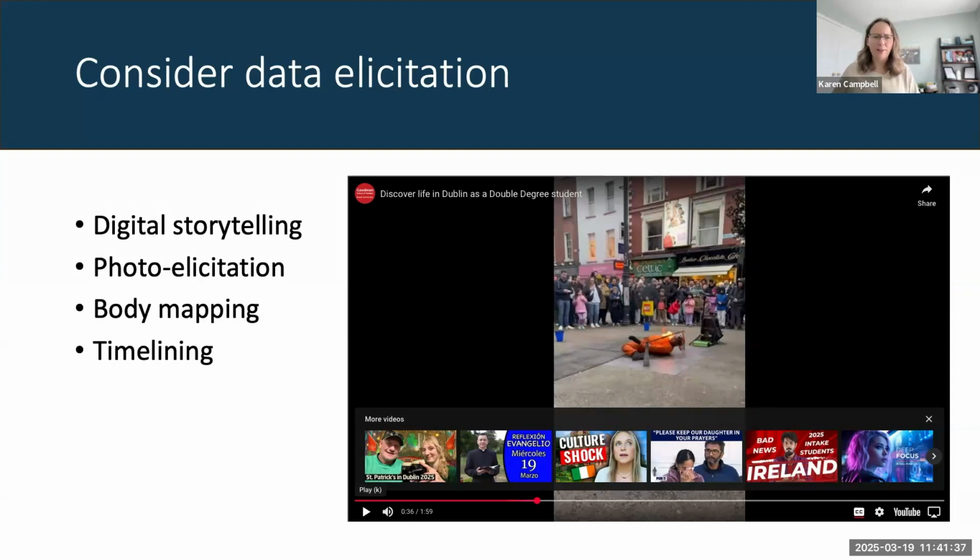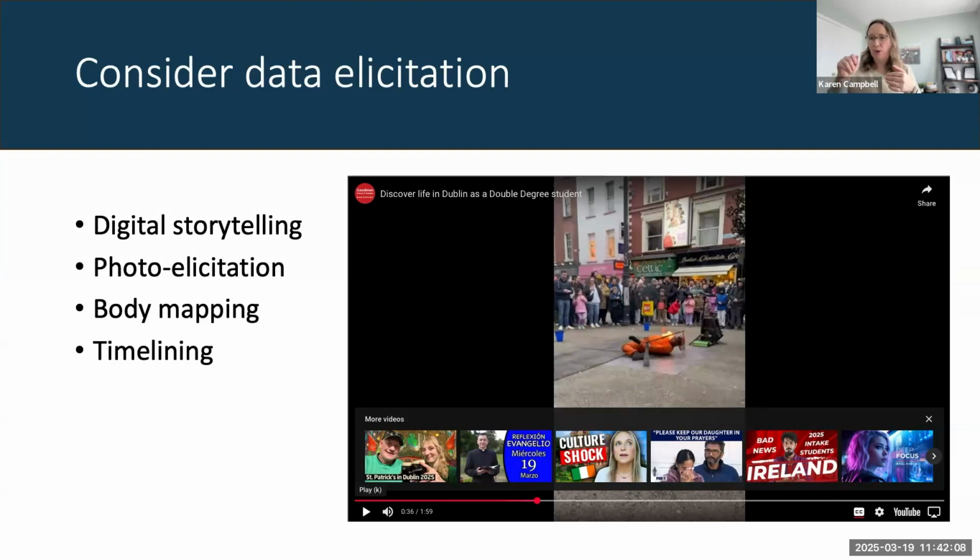And body mapping is another interesting technique. It's often used in health. For example, I do work with women that have episodic disabilities and are living with chronic pain. A body mapping technique, and there are lots of different ways to do it, might be as simple as outlining a picture of a body and asking them to identify how and where they feel pain. So giving them colored markers or a pen and asking them to mark where they're experiencing their pain.